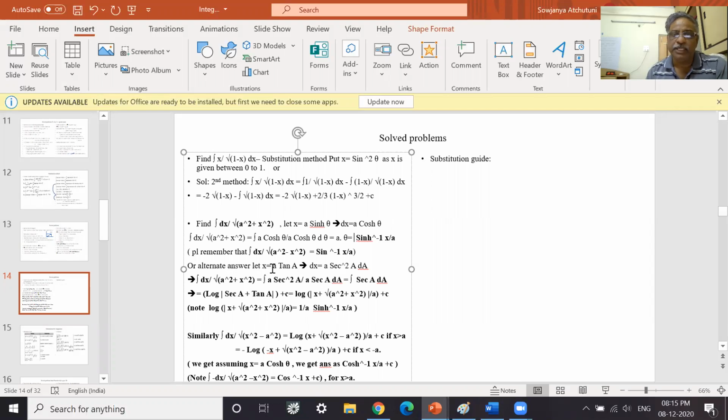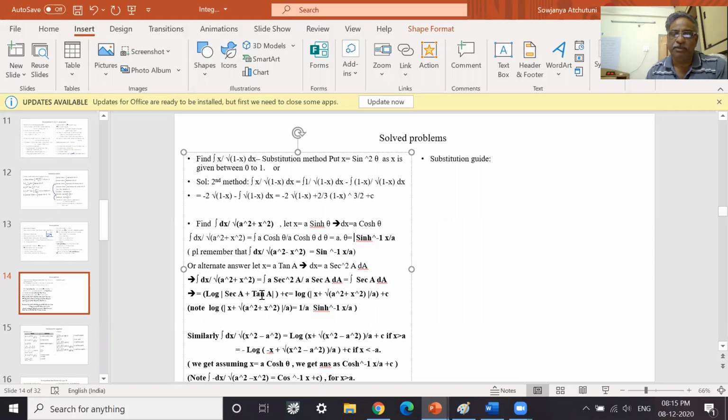our alternate answer: let x is a tan theta. So we get a square 1 plus tan square theta, which is a square secant square theta. So when x is a tan theta, dx is equal to a secant square theta d theta. So when I substitute here, a secant square theta by a secant theta becomes integral secant theta d theta. What is integral secant theta d theta?